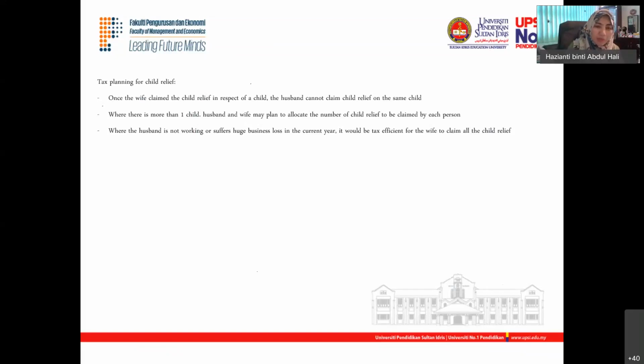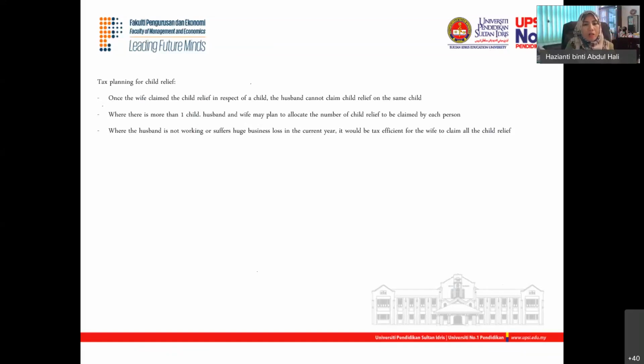So kalau lebih daripada satu anak, biasanya the husband and wife boleh pilih lah berapa banyak anak yang nak diambil, because the ultimate objective of tax planning is actually to minimize the tax paid ataupun to maximize the tax refund. So kalau nak minimize the tax paid ni, memang kena kira dululah. And the e-filing system tu is very user friendly. Kita boleh key in dulu, kita tengok okay, kalau buat macam ni refund dapat banyak.